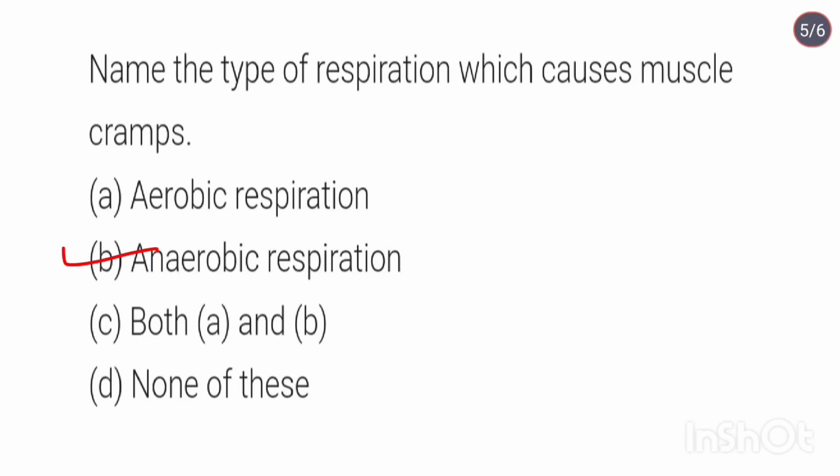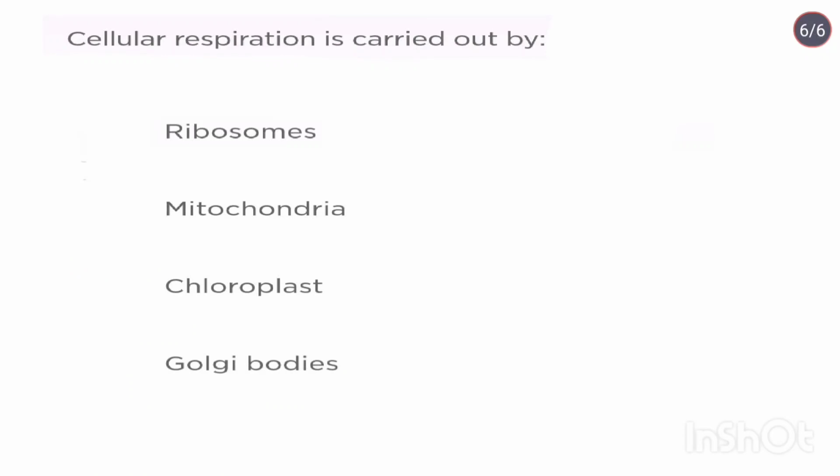Anaerobic respiration takes place in the absence of oxygen, and it happens in human muscle cells, bacteria, yeast, etc. Cellular respiration is carried out by mitochondria. Ribosomes are the sites of protein synthesis. Chloroplast is the site of photosynthesis, and Golgi bodies are the sites where protein packaging takes place.